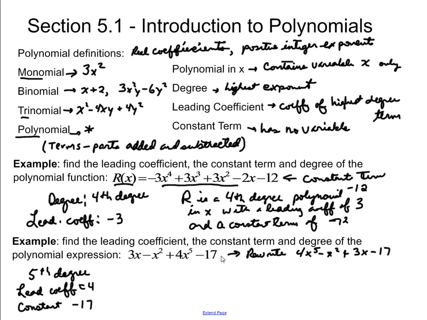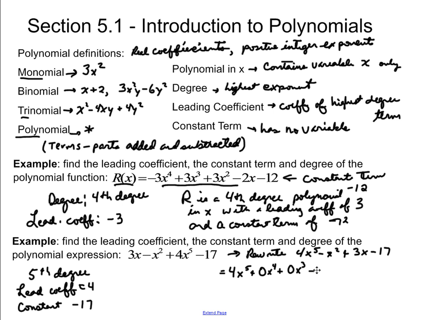By the way, you'll notice that there are a lot of terms missing. For the purposes of writing our polynomial, we can treat those missing terms as 0 terms, and we very often do. So sometimes it is useful to rewrite this in this manner: 4x to the fifth plus the coefficient of the fourth degree term is 0 because there is no fourth degree term, as is the coefficient of our third degree term.